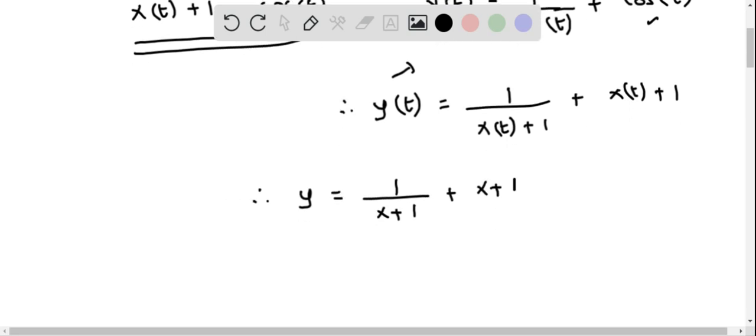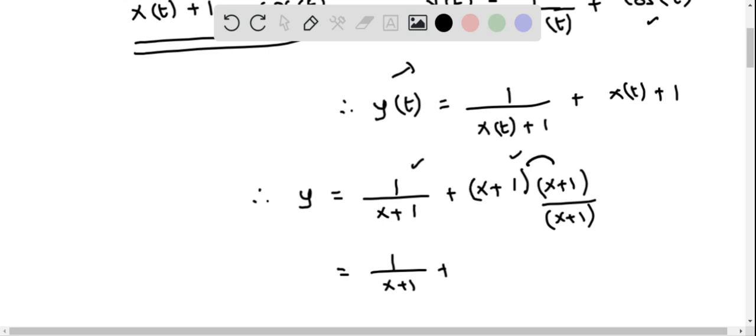We can rewrite in simplified form by combining these two fractions. So for the second term, I have to multiply and divide by the common denominator, that is x plus 1. And so therefore it becomes 1 over x plus 1, plus x plus 1 times x plus 1, which is x plus 1 quantity squared, divided by the denominator x plus 1.